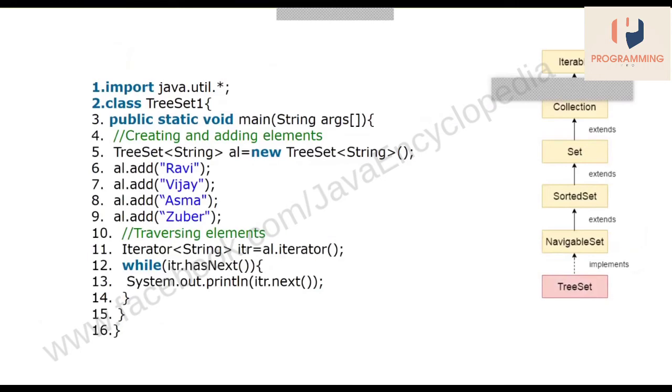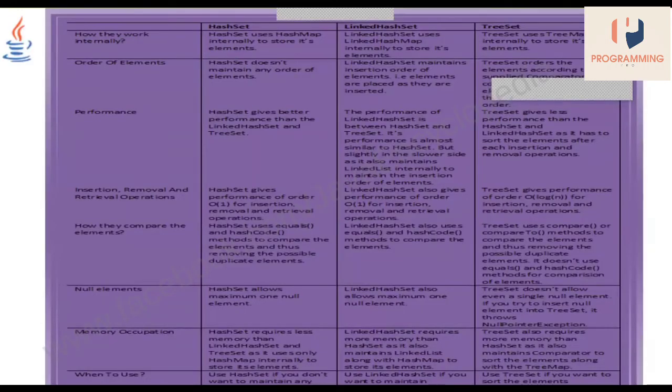Now if we go and see the differences between a linked hash set and tree set. We know hash set contains unique elements, but doesn't guarantee order. Rather than this slide, we can discuss on our own.